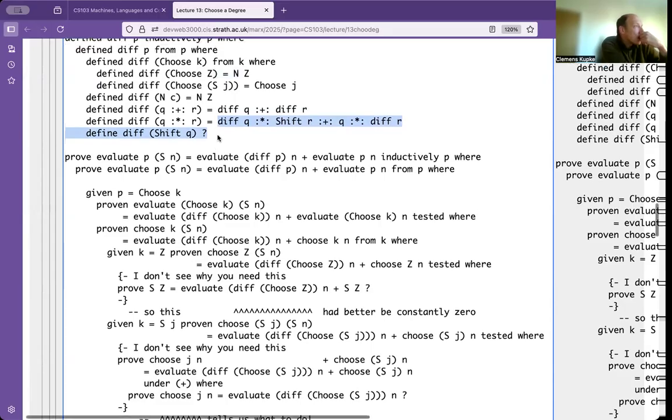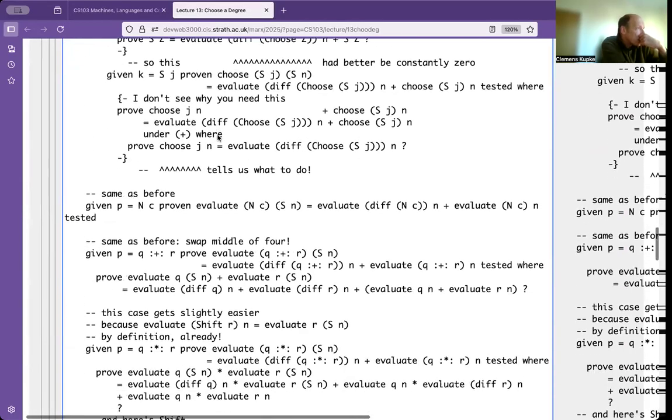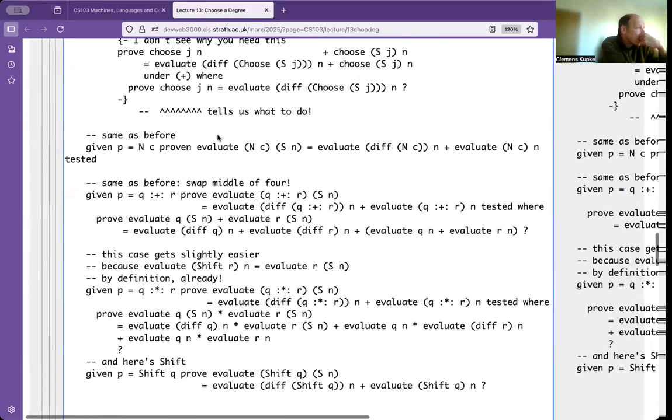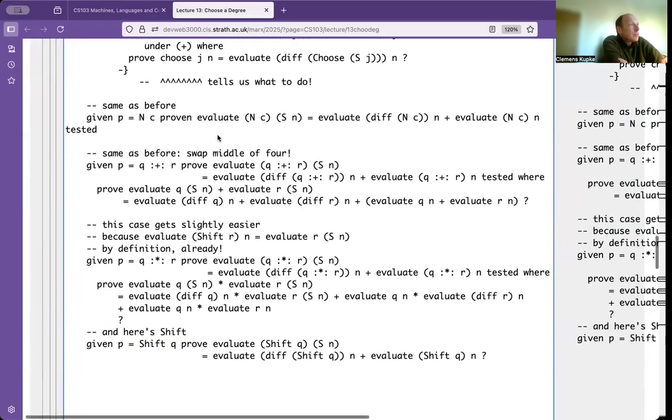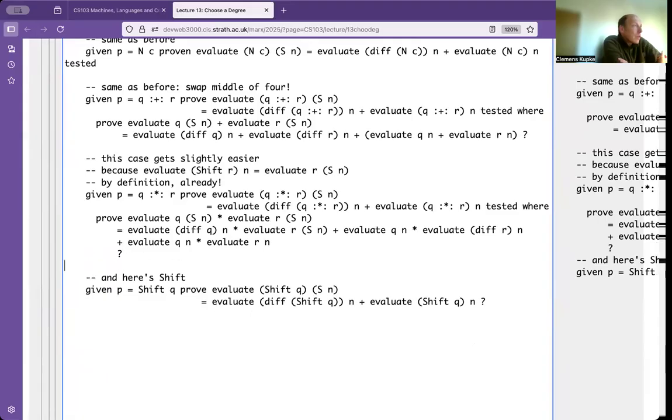Okay, so there's a bunch of stuff here to do the old business. I think at the start of the lecture, I may well find myself just leaving the stuff that was the same as before for offline attention because we really ought to pay attention to the new stuff, which is shift.